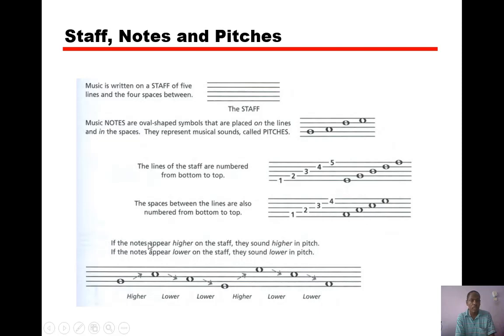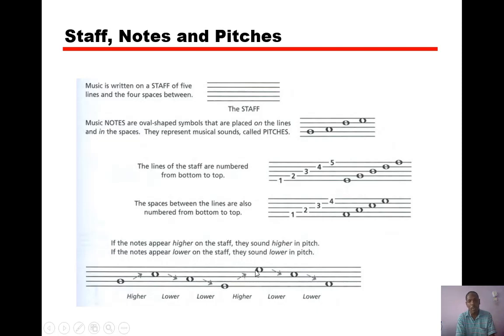Now, as I said earlier on, the placement of the note on the staff determines the pitch. So this note here has a pitch, but not as high as this. So this has a higher pitch than this. And this note has a lower pitch than this. And then another lower pitch note also comes in.